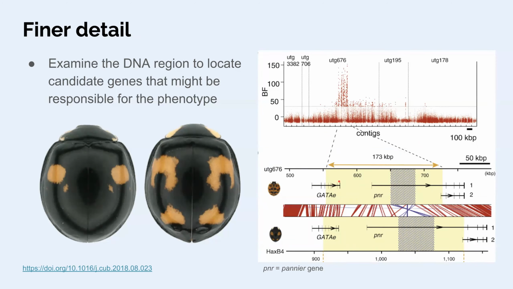And within that, using the information that they might have from a previous study about what's contained within the genome of this organism, they've got a gene here called GATAE. They've got a gene here called PNR, or Pannier. Should have pronounced that ahead of time. There's genetic information, a gene, and the difference between these two kinds of beetle somewhere in this location.